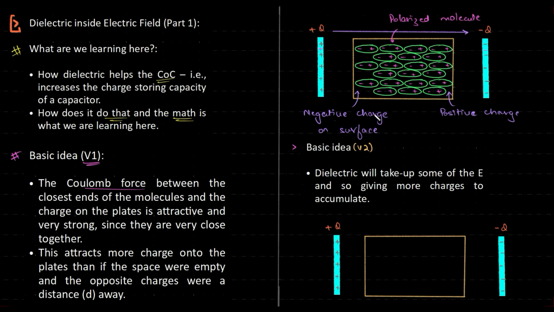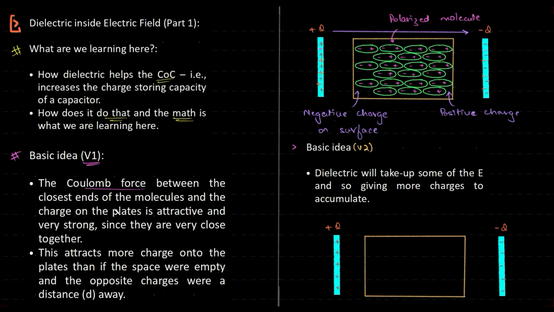Okay guys, so this happens, so what? Well, when we have such a bunch of negative charges and a bunch of positive charges, what will happen over here? Without us doing anything, the number of charges will increase. Without physically changing the size of the plates, now it's able to hold more charges.